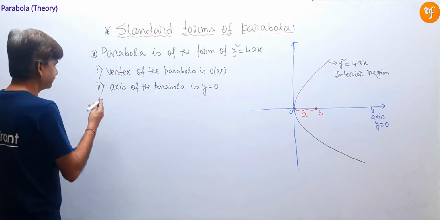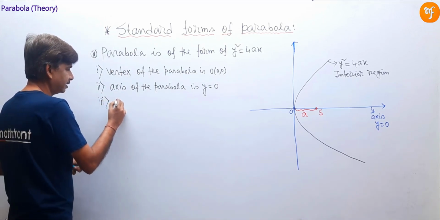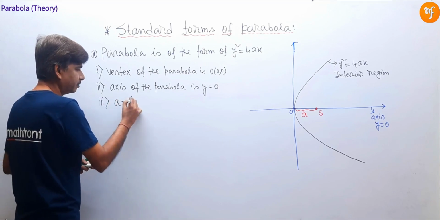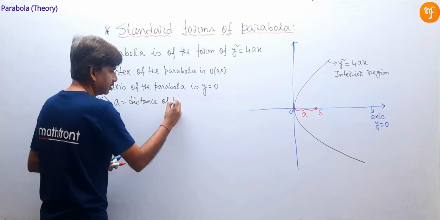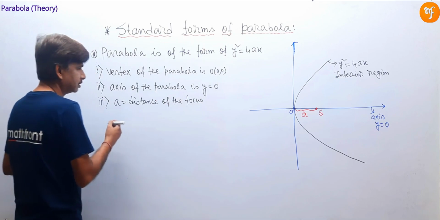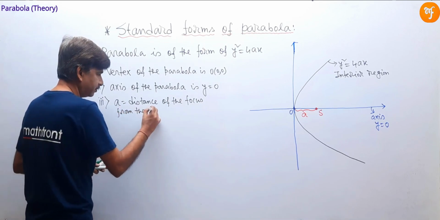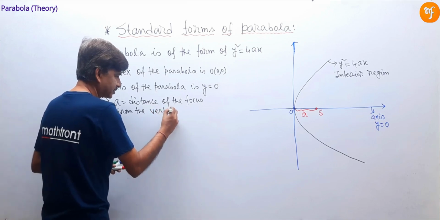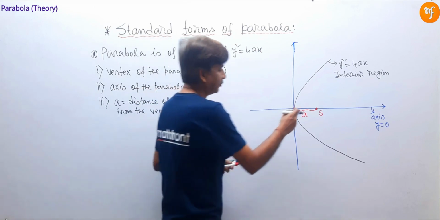So, please write down number 3, a equal to distance of the focus from the vertex.